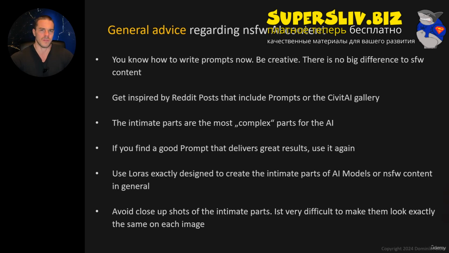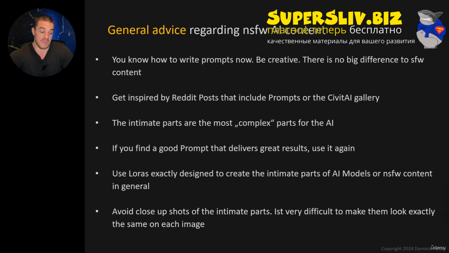The next point you have to understand is that especially the intimate parts of a woman are the most difficult parts of a body to create for AI software. Why is that? If you look at a person in general, the face more or less always looks the same, and also the body, but the intimate parts are quite different.